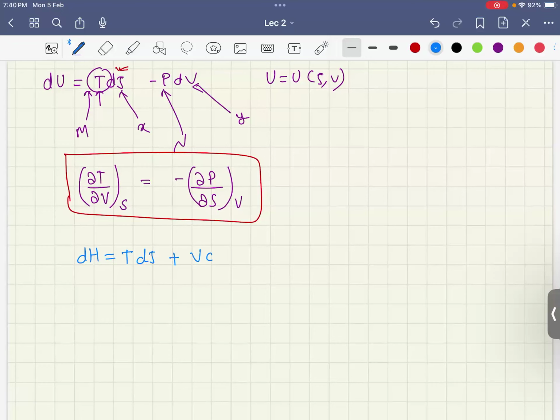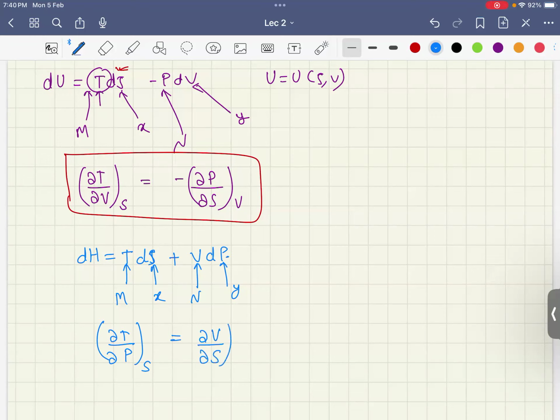So T is M. So this is dou T upon dou P at constant entropy S, which is going to be equal to dou V upon dou S at constant pressure.